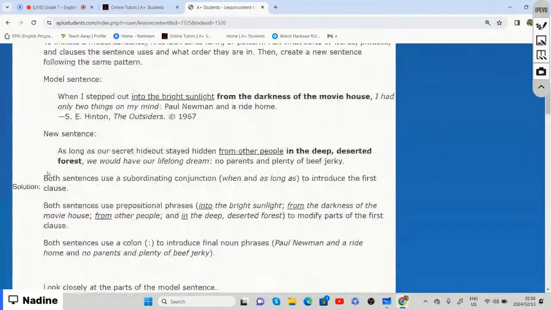And if we look at the sentence that says, when I stepped out into the bright sunlight from the darkness of the movie house, I had only two things in mind: Paul Newman and a ride home.